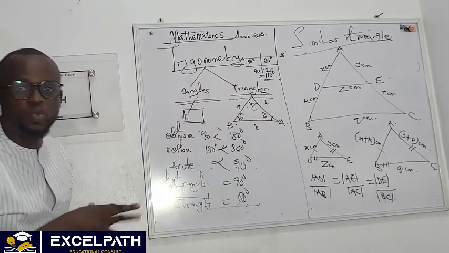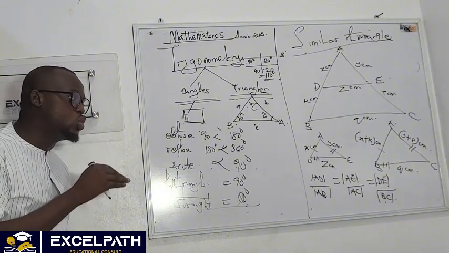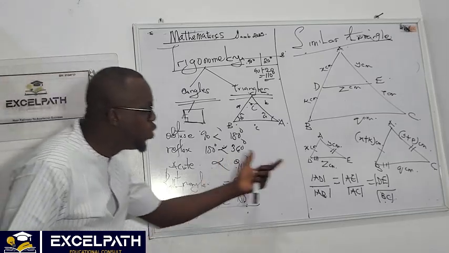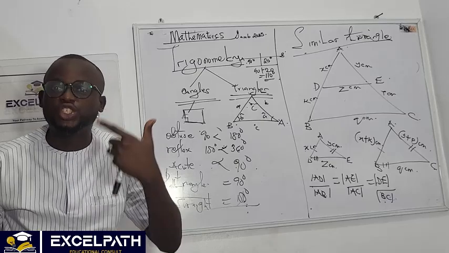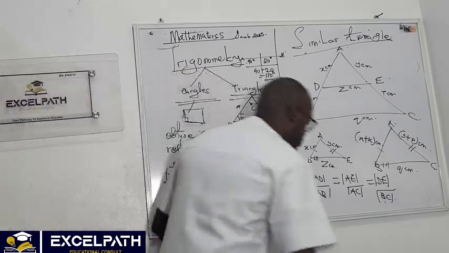All these are just nomenclature. When we go into the nitty-gritty of this, we will apply all this into what JAMB is currently giving as a question.